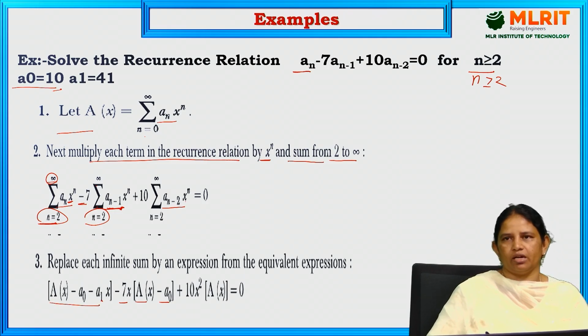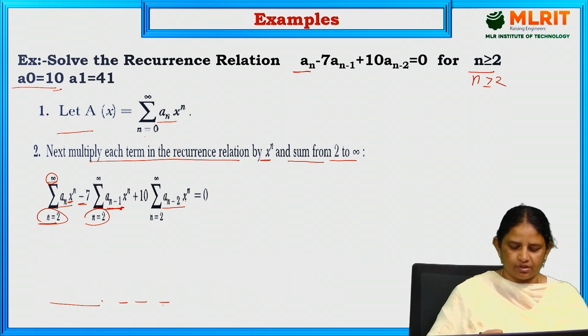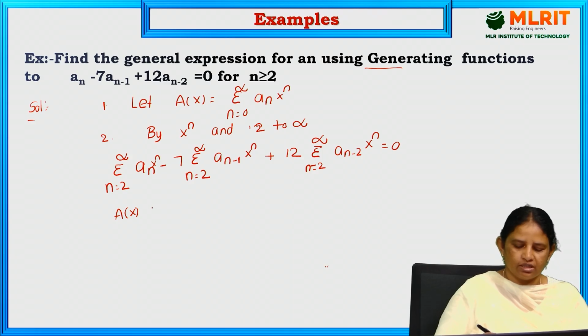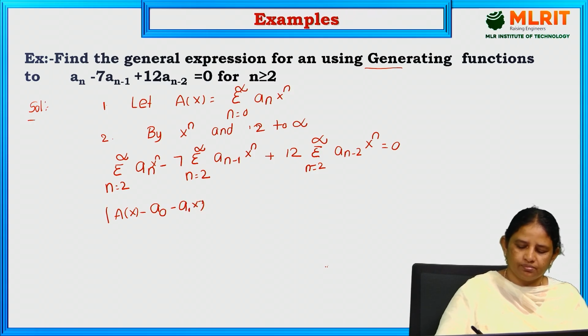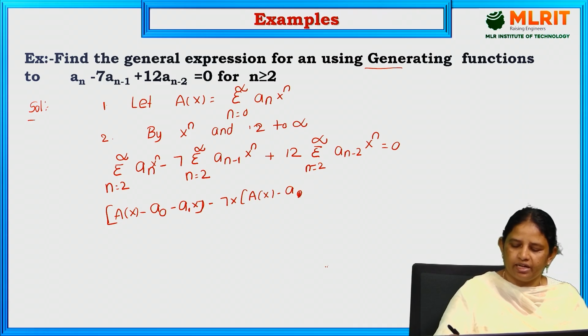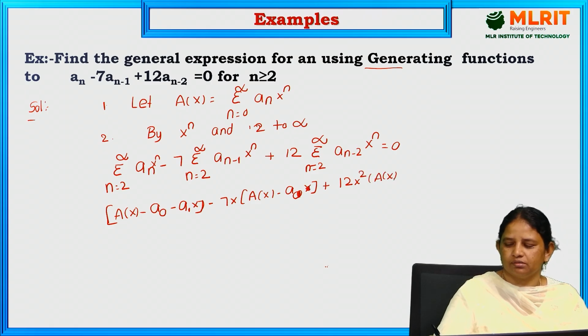The first term is a of x minus a0 minus a1x, that is the first term, minus 7x times a of x minus a0, plus 12x square into a of x, is equal to 0.